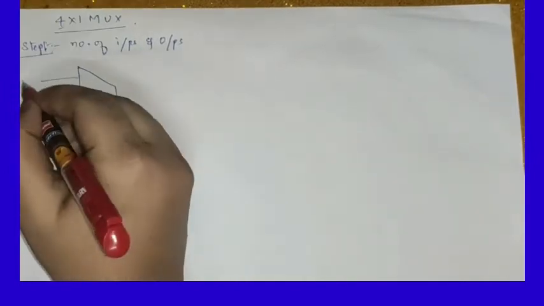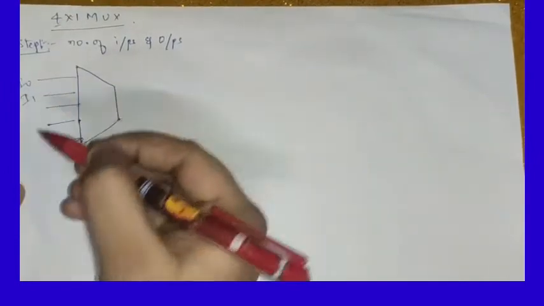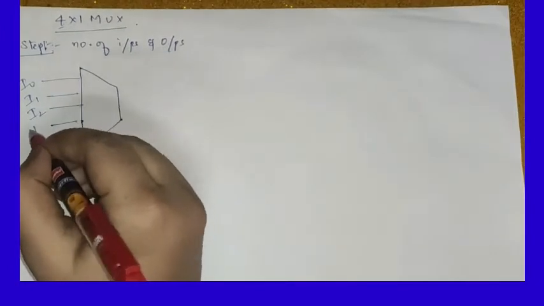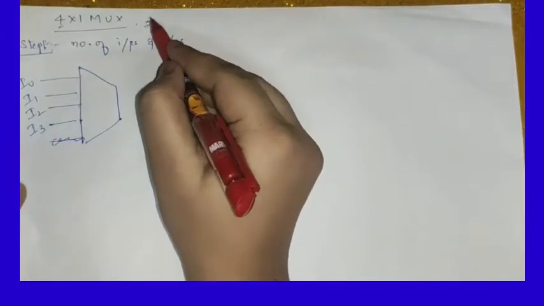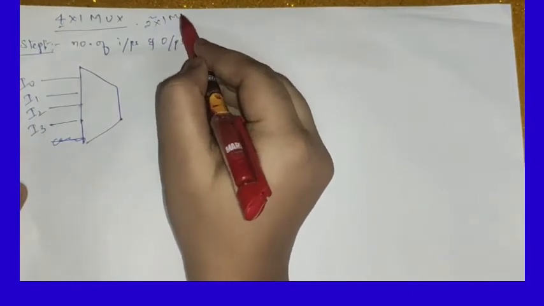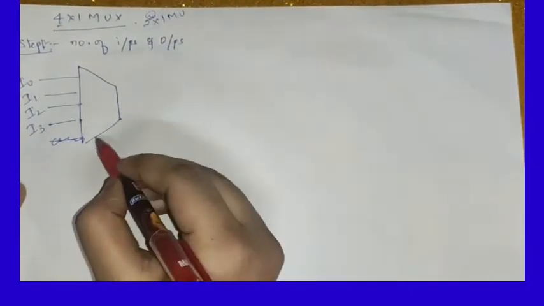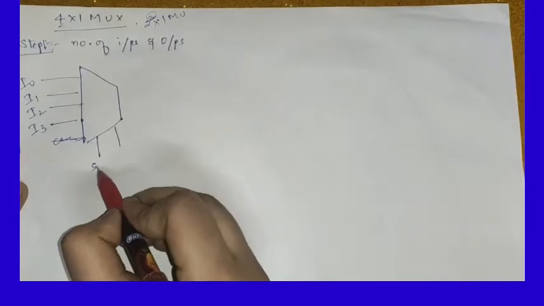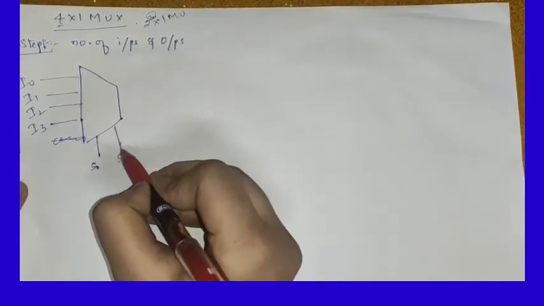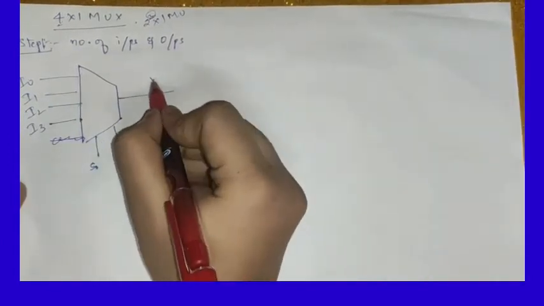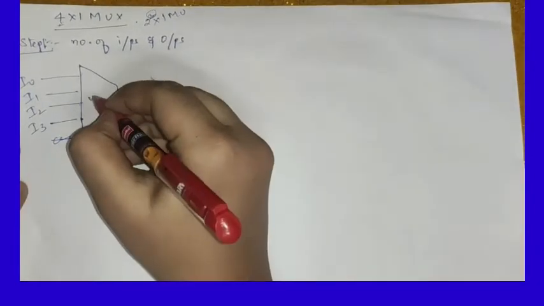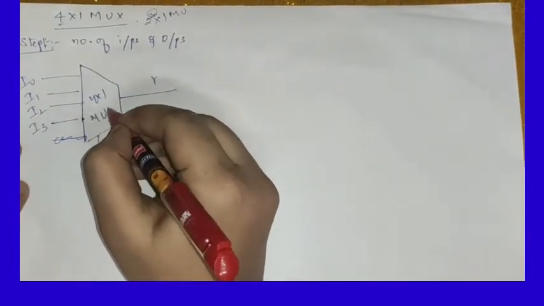Let the names be I naught, I1, I2, I3. If there are 4 inputs, that is 2 power n, so n is equal to 2 and there will be 2 selection lines. Let the names be s0 and s1, and the output will be y. This is the 4x1 multiplexer.